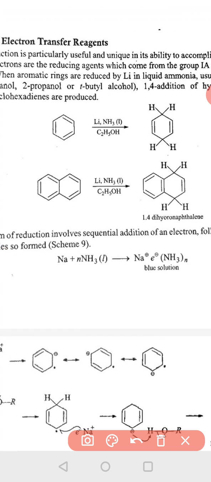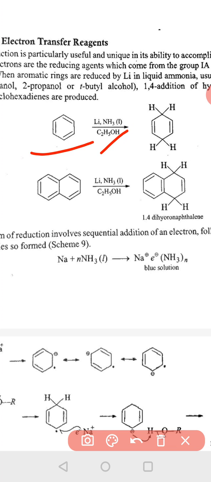Look here, we are reducing the aromatic ring using an electron transfer reagent, and this electron transfer reagent is group 1A metals dissolved in liquid ammonia in the presence of alcohol. Here partial reduction takes place.